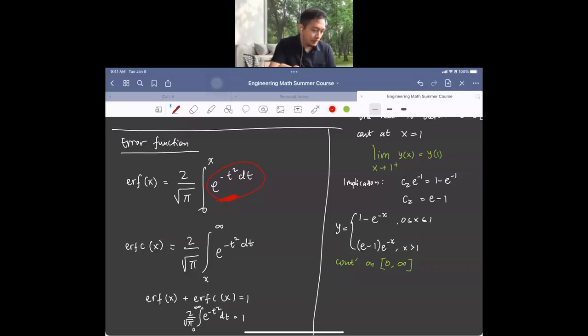Or if you want, you can just write it as it is, no need to write the error function. That's also okay. But if you want to make it simpler, you can write it with the error function. So whenever you find e to the power of negative x squared in our differential equation, you can rewrite it in terms of the error function.